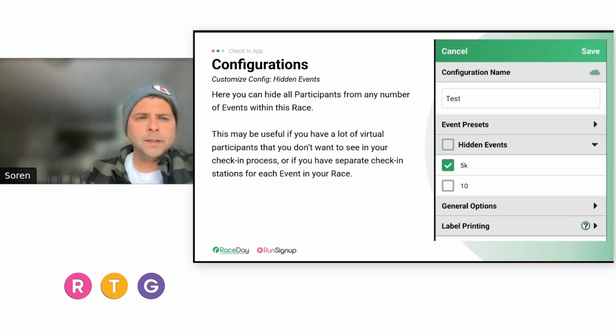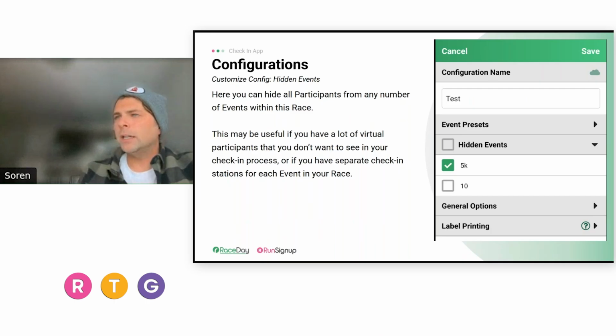All right. And then once you go into the next step, which is hidden events, you might want to decide not to show certain events. Why might you not want to have an event showing in the check-in flow? Maybe you have a person who is dedicated to a VIP only check-in, and they're only checking in a single event. That would be a good way to do that.